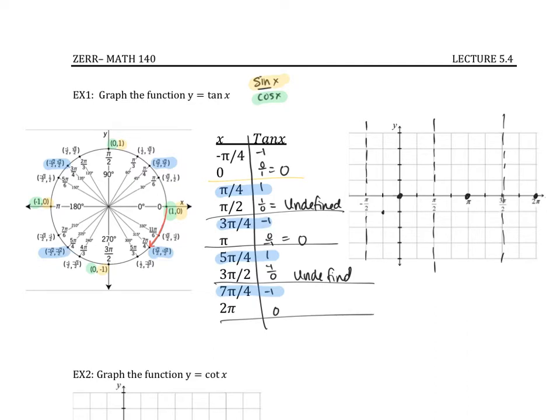And then my graph has this really nice increasing shape. There we go. All right, and the period here, for it to repeat itself, is this section right in here. So the period is only pi, unlike sine and cosine, which have a period of 2 pi.